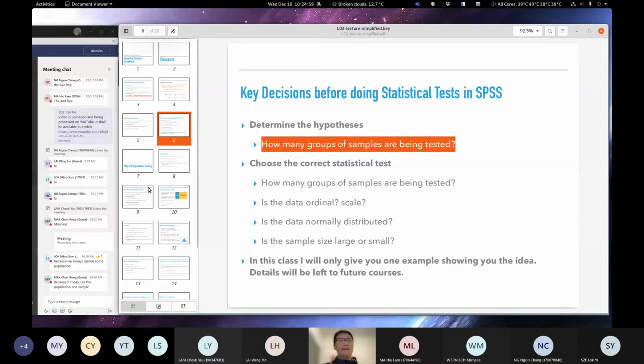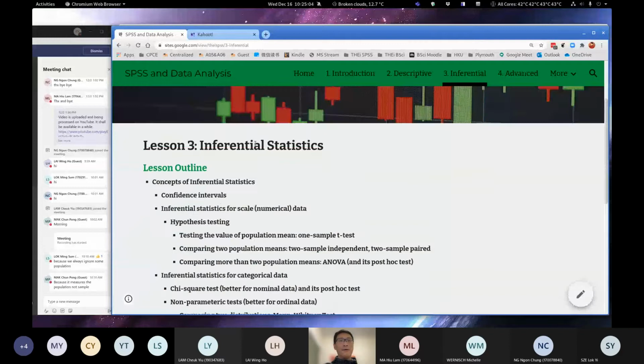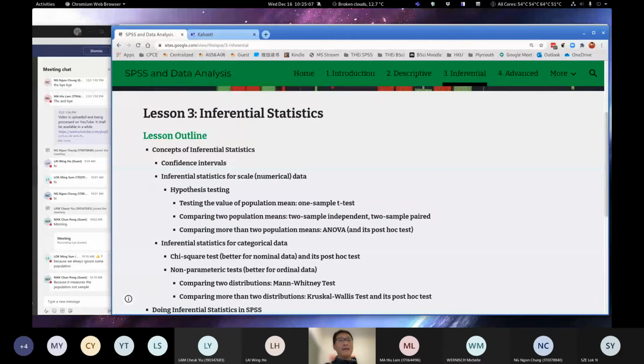What I mean is that, for example, you look at the outline here again. I have a number of different hypothesis tests here. Here you see, I write down one sample, and in another one, I write down two samples. And for this ANOVA, I say more than two population means. So two and more than two.